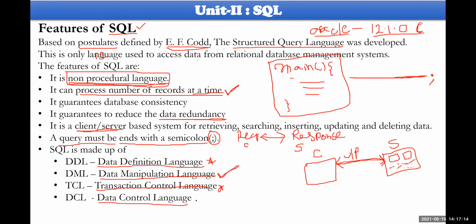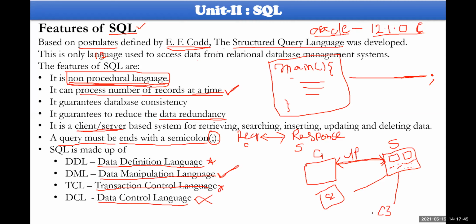And data control language is a particular kind of language which can be used to connect the database from one user to another user. You are one user, I am another user, and one more person will be another user. I have some data, you have some data. Data set A will be with me, data set B will be with some other person. So the server will be connected with, let me consider this client 1, client 2, and client 3.